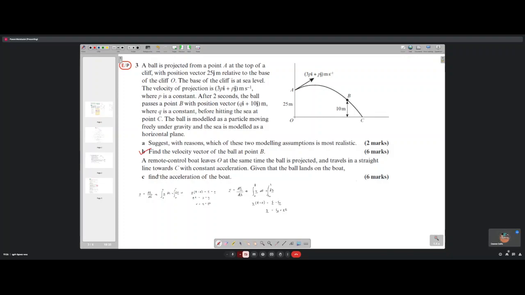So, which one do you think is more reasonable? Which assumption is more realistic? Which one would you say? Okay. Yeah, that's good. That's good enough. All right.